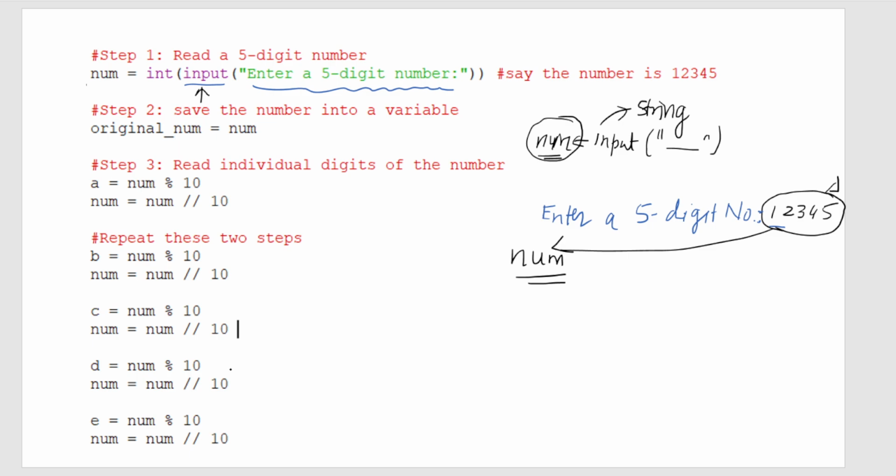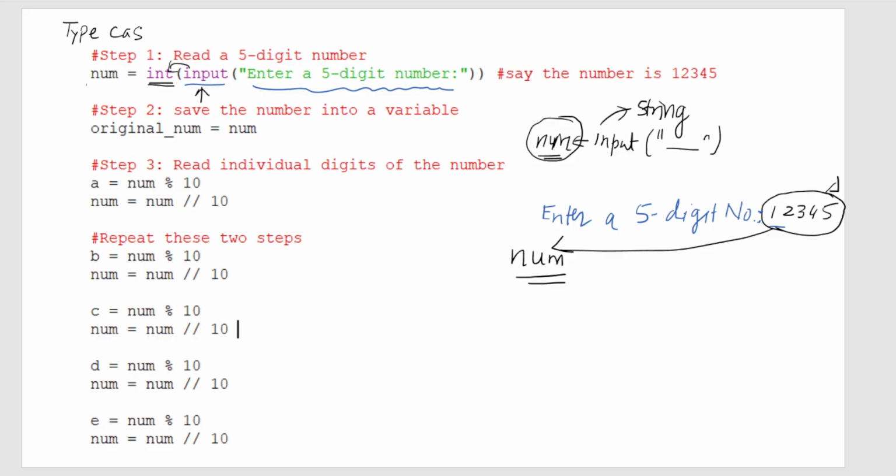So that's why we have used a typecasting operator, and we converted the string format that is read from the input into an integer format. This conversion of string to integer is known as typecasting.